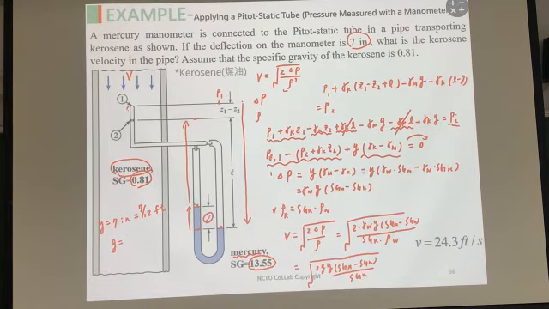And what is the G? As I mentioned, the unit for the imperial unit, G in here is 32.2 FT divided by second square. So you put all of the numbers inside the equations, and then finally you will have the answers. Okay, so we need to still remember the hydrostatic idea.